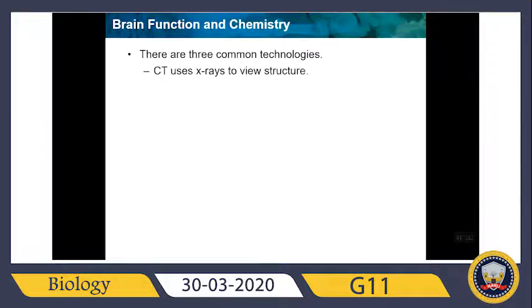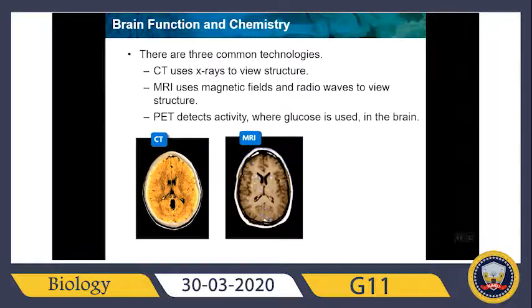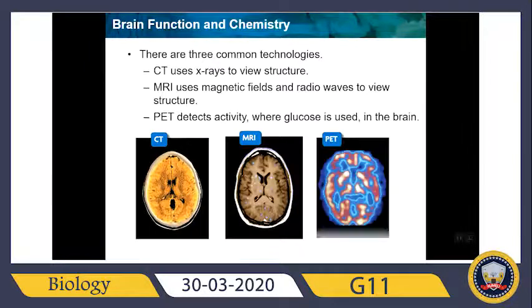Technology gave us three methods: computerized tomography, magnetic resonance imaging (MRI), and positron emission tomography, which is the PET. So CT uses X-rays to view the structure, MRI uses magnetic fields and radio waves to view the brain structure, while PET detects activity, where glucose is used in the brain.